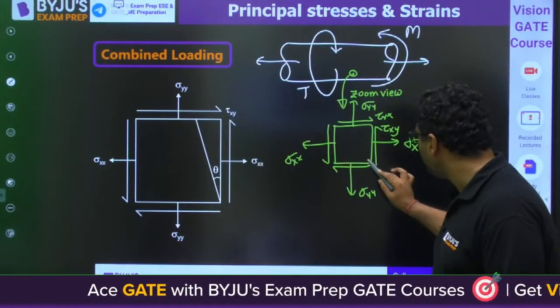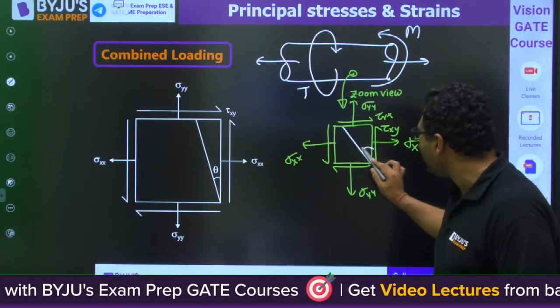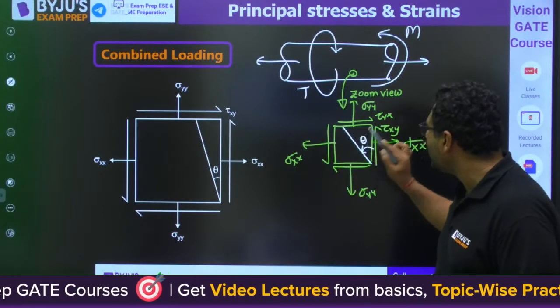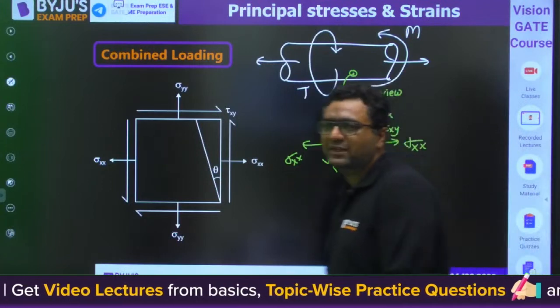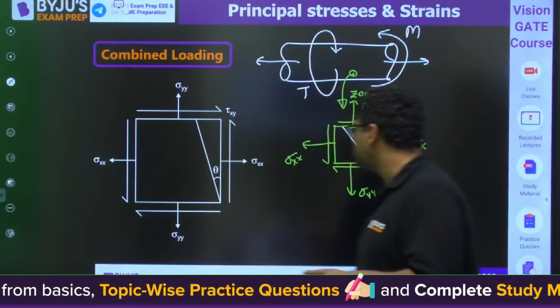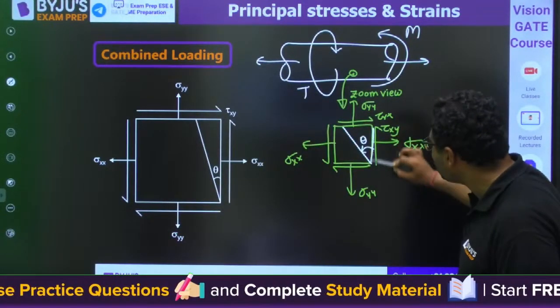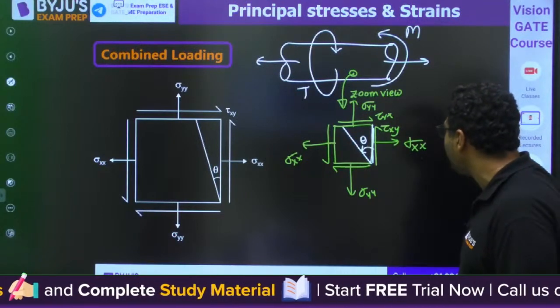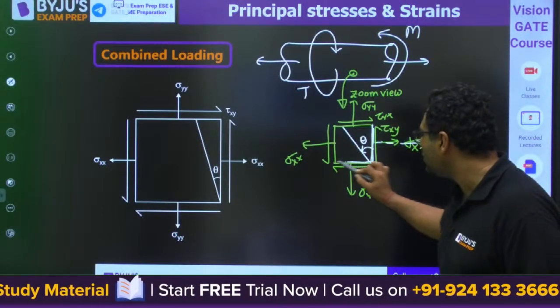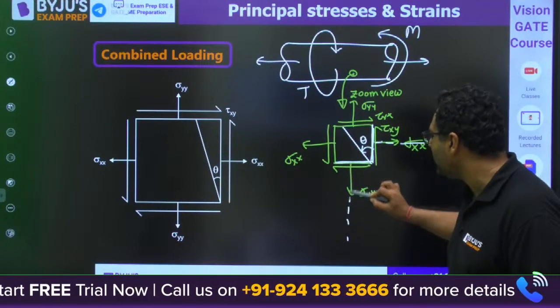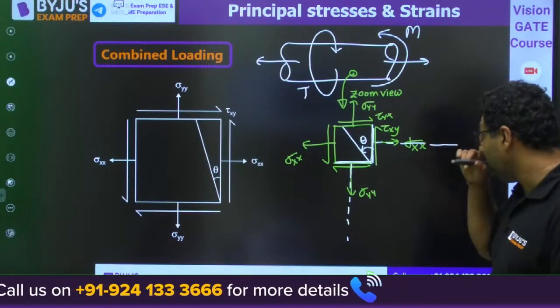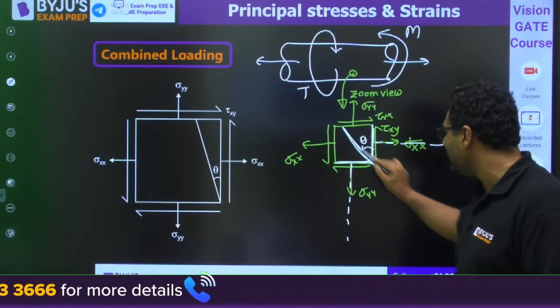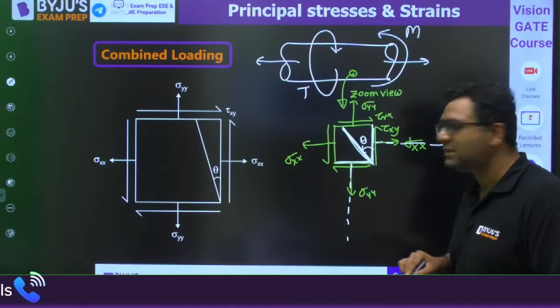Now, my dear, we want to find out the stress at any oblique plane which is making an angle of theta anti-clockwise with the x face. In that class I already taught you that this is said to be the x face because it is perpendicular to the x axis. This is said to be the y face because it is perpendicular to the y axis. This plane will have some normal stress and some shear stress.